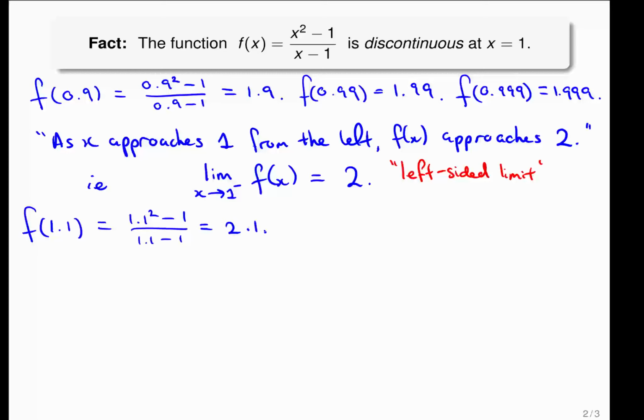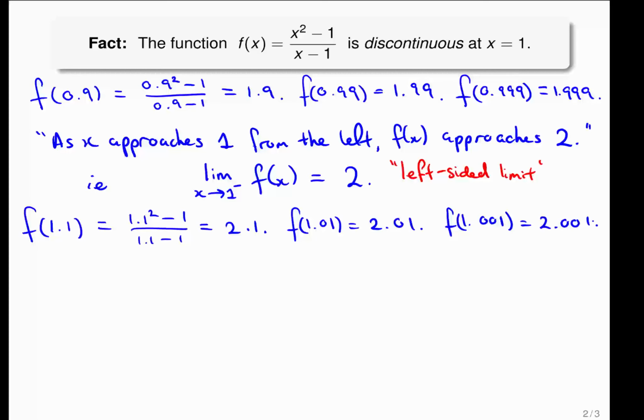Now, edging even closer to x equals 1 by picking x to be 1.01, you can check that the y value is 2.01. Now, edging even closer by picking x to be 1.001, which is incredibly close to x equals 1, you can check that the y value is 2.001.